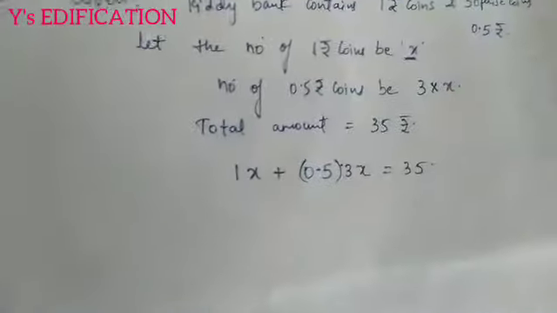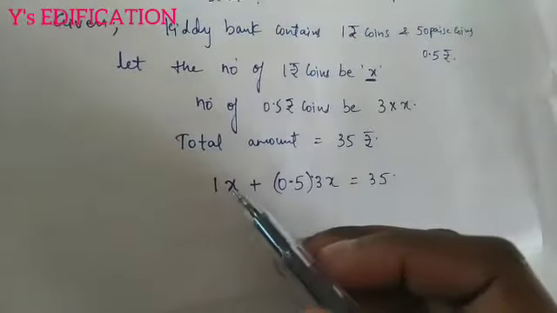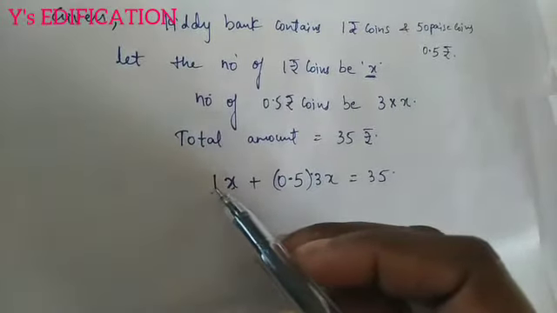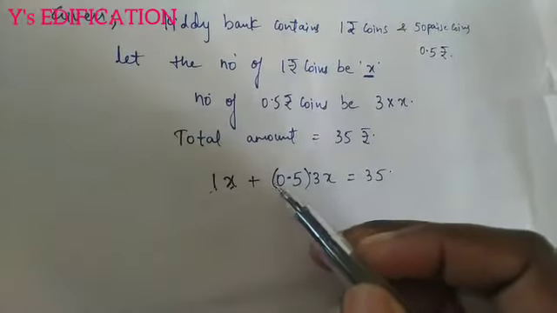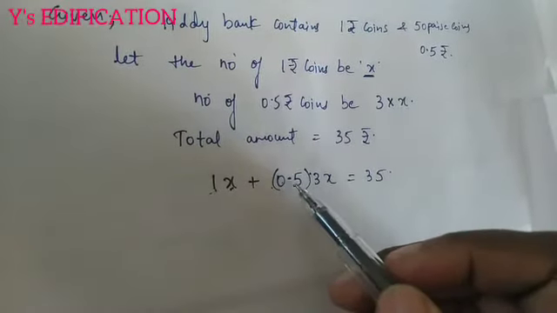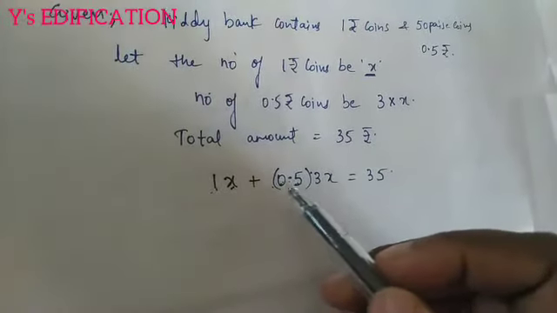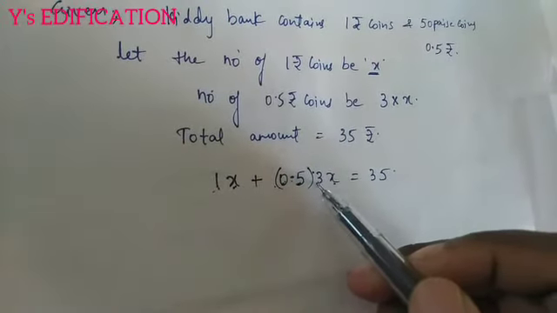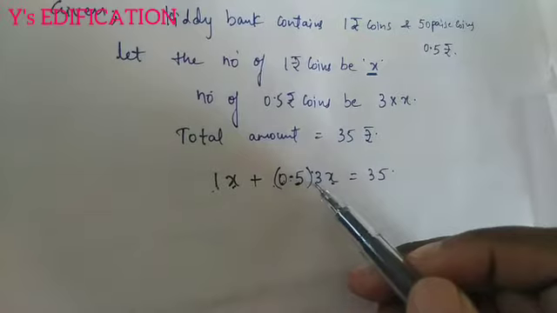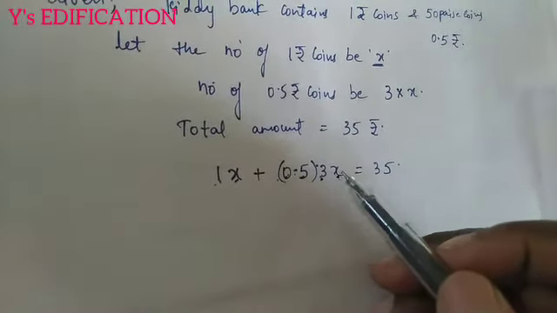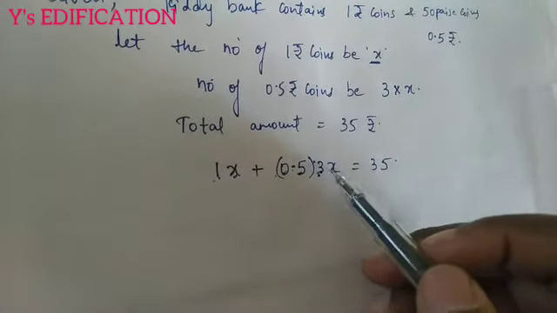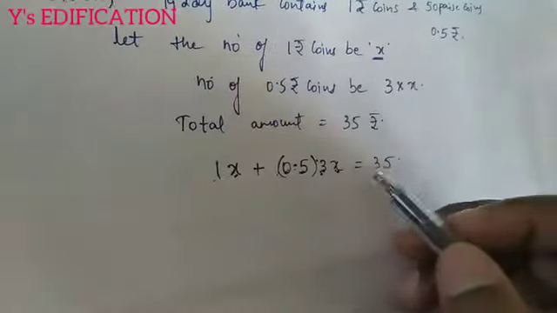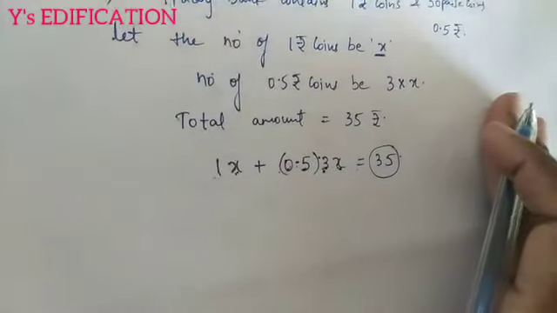How I wrote this: 1 rupee coins are x, so 1 into x, plus 0.5 for the 50 paise coins, which are 3 times the 1 rupee coins, so 3x, is equal to 35. What is the 35? The total amount in the kiddie bank.